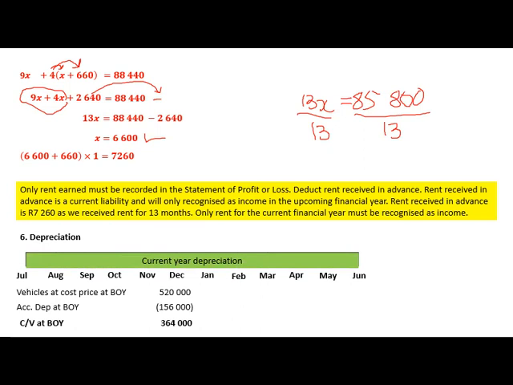And how do we calculate current year depreciation? Because they told you vehicles, we depreciate them on cost price method, we will just take the cost price of 520,000 multiplied by 15%, and that'll give us 78,000. That 78,000, I will record it under operating expenses in my income statement.